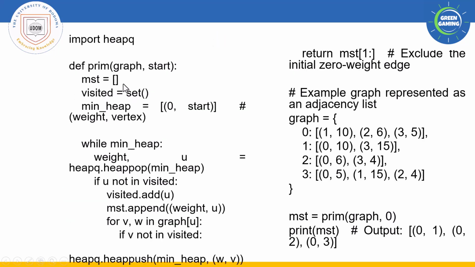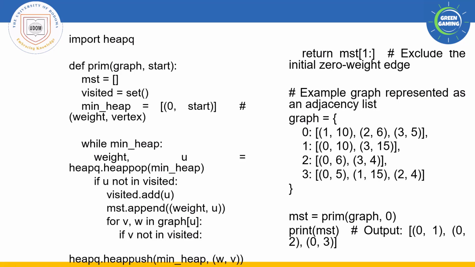Then we are initializing three variables. The first one is MST, the second one is visited, and the third is our minimum heap, right? Our MST will store the edges included in the minimum spanning tree.